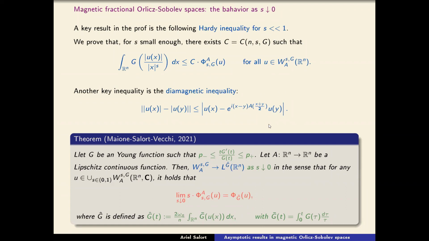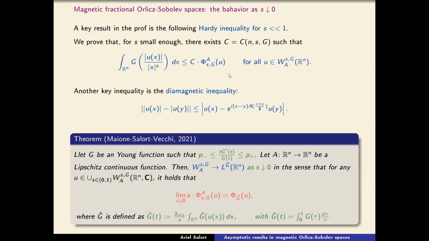Now, the proof is more technical than before, because you have to be more careful. In order to prove this type of result, first you have to prove some Hardy inequality for small values of s. So the critical point is to prove this kind of inequalities. It is technical because the function G is not homogeneous, so there are more technicalities in the middle.